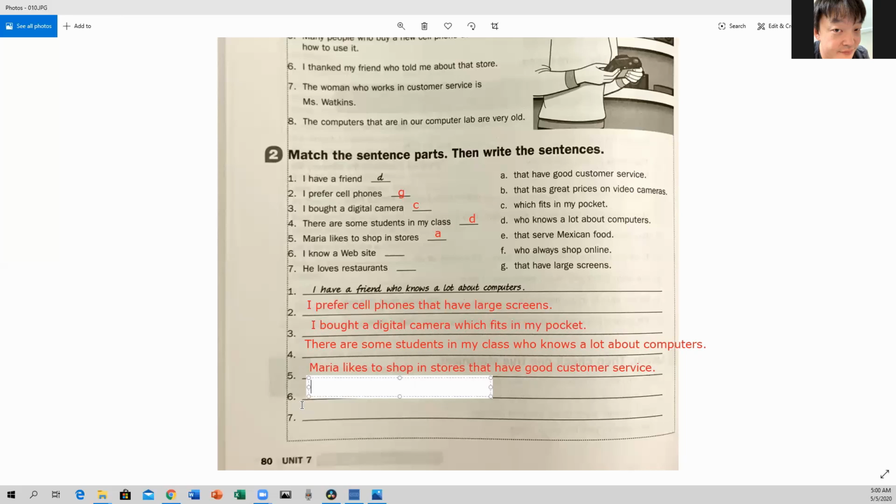Number 6, I know a website. I know a website. What kind of website? He loves restaurants that serve Mexican food, but I know a website.